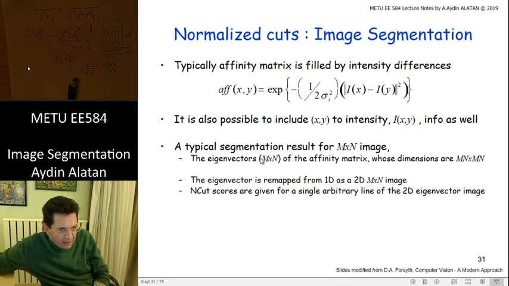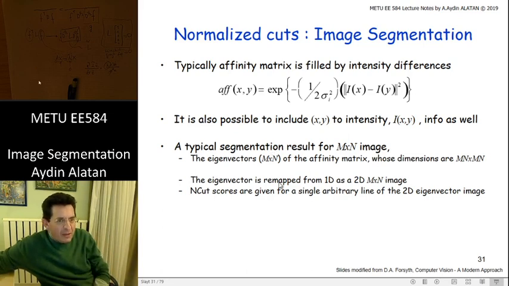Everything is connected to each other. The affinity matrix will be 20,000 by 20,000. The eigenvectors will be 20,000 by 1. And you will solve the problem.